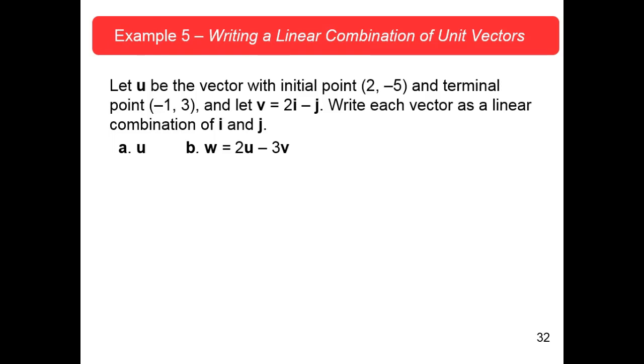If u is a unit vector and theta is an angle measured counterclockwise from the positive x-axis to that vector u, then the terminal point of u lies on the unit circle, okay, because u, remember, is a unit vector, meaning a radius of 1, length 1, that would make it describe a unit circle whose radius is 1. So here's another way you can write the terminal point of u.